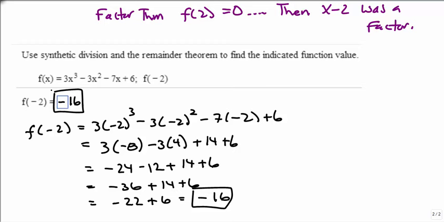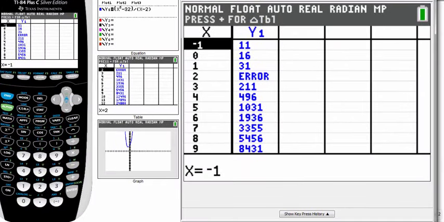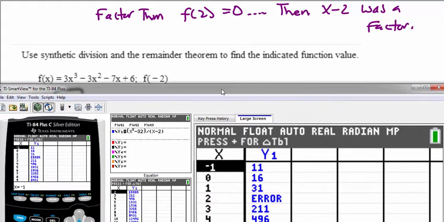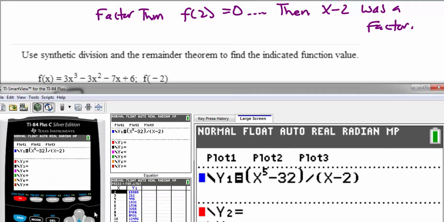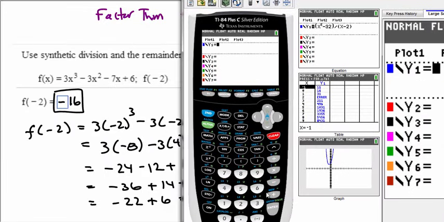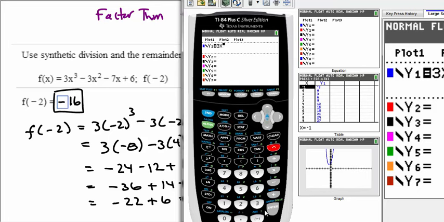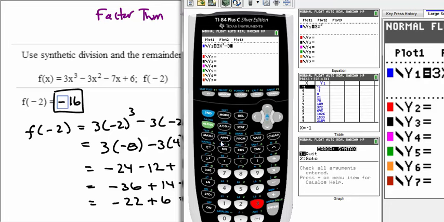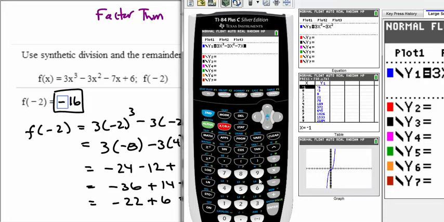Now we could also get this answer pretty easily by checking our work on our calculator as well. So a quick problem that we could do for the calculator, I want to make sure I can see the original problem here. We have 3x cubed, so let's go y equals, and let's input this function. 3x cubed minus 3x squared minus 7x plus 6.